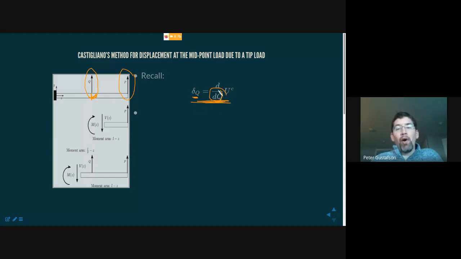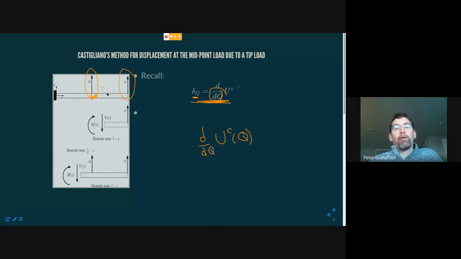So in the end, what we have is UC, which is going to be a function of Q. So we need to take the derivative of that, d by dQ of UC of Q. That's what we're doing. In order to do that, we actually need to calculate the imagined complementary energy that would be there. But then since there is actually no point load there, we could then set it equal to 0 at the end.